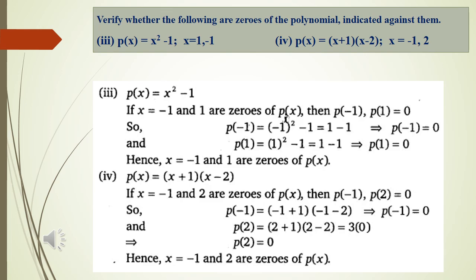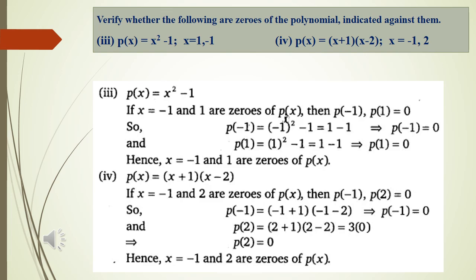Next example, p of x is equal to, in the bracket x plus 1, another bracket x minus 2. We have to find the value at x is equal to minus 1 and 2. So, in the given polynomial, we will substitute the given values minus 1 and 2. So, we start with minus 1.